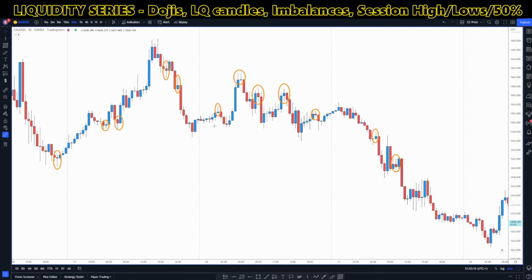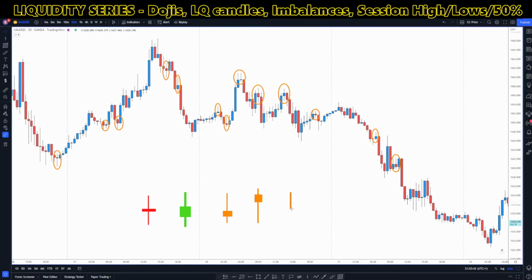Notice how they've all got quite wicky top and bottom wicks. They can be bullish or bearish, or they can be completely neutral. Let me just draw some. So more or less, I'm looking for candles that look like this. Some might have a larger wick on one side than the other.